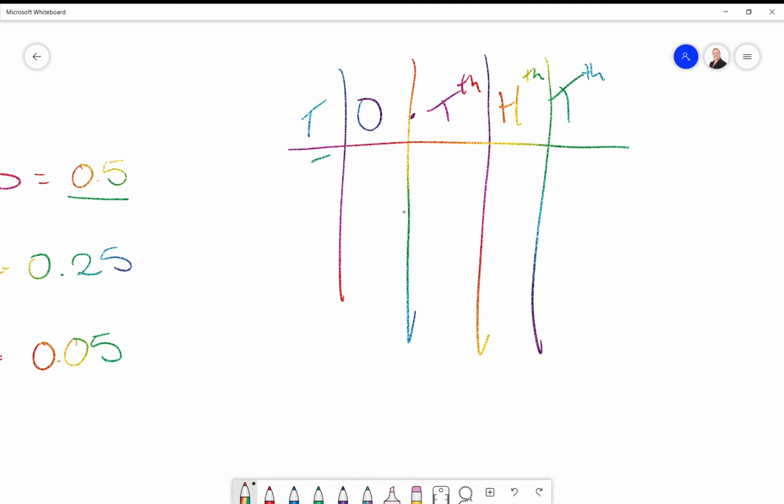If I had 50% when I divide it by 100, it moves 2 spots over. So the 5 goes 2 spots over, and so then you fill in the rest of the gaps with a 0. Okay, just as a little prompt.